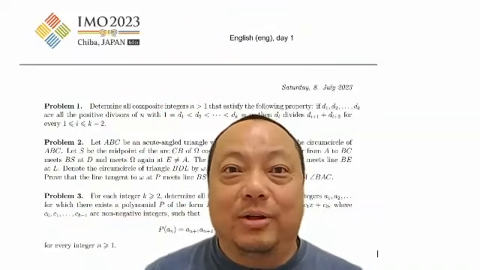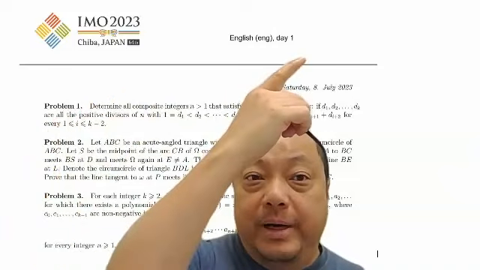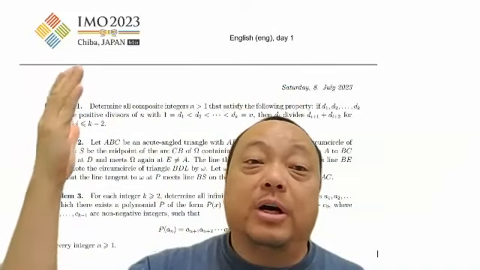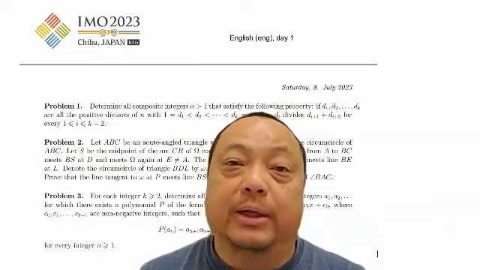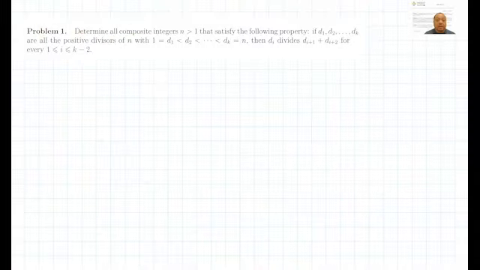Hi, in this video, I'll be solving this question right here, problem 1 from day 1 of the IMO from this year, 2023, the International Math Olympiad. The problem says, determine all composite integers n greater than 1 that satisfy the following property.